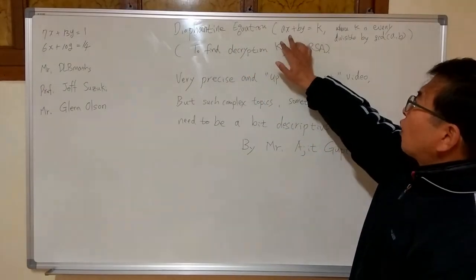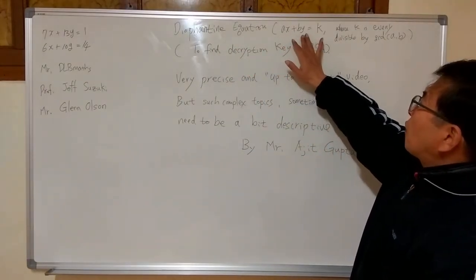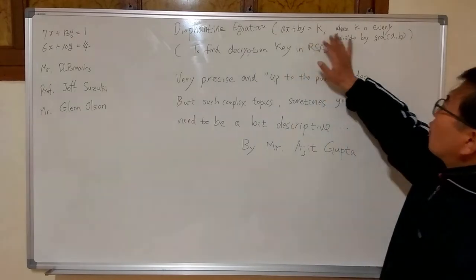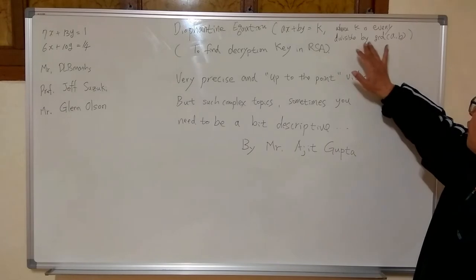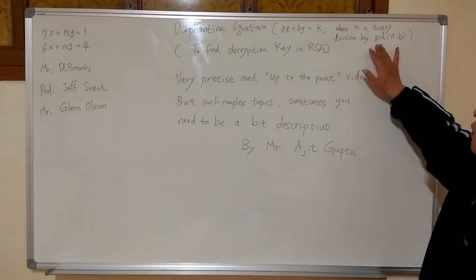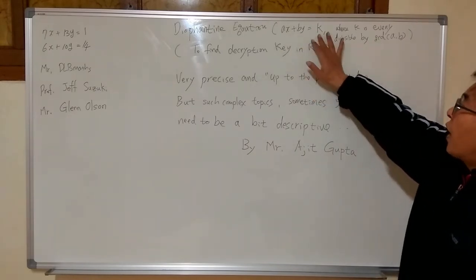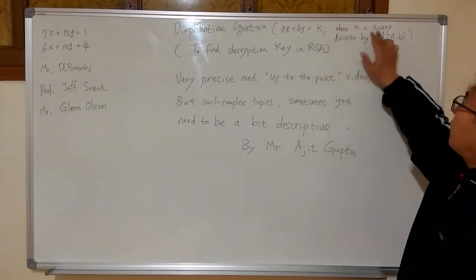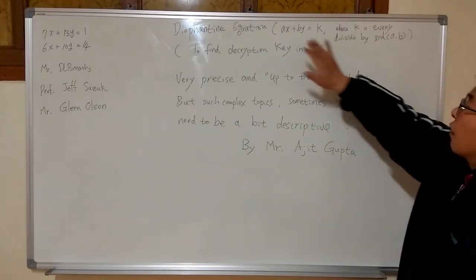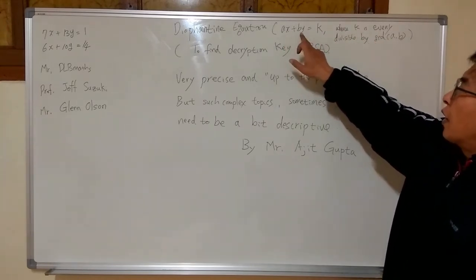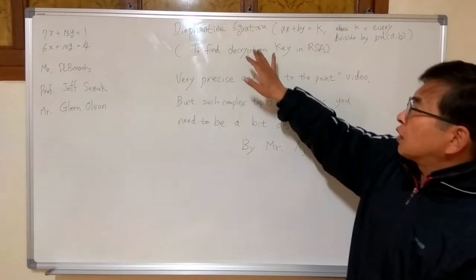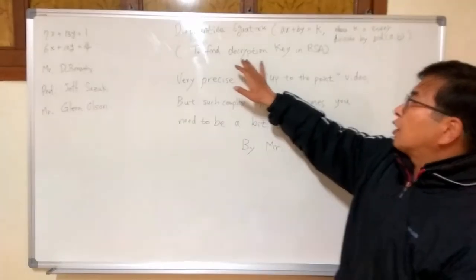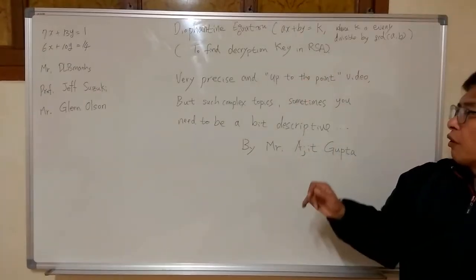It is of this form: ax plus by equals k, where k is evenly divisible by the GCD, greatest common divisor of a and b. K should be evenly divisible by the greatest common divisor of a and b. Then we can solve this Diophantine equation. It is used to find the decryption key in the RSA algorithm.